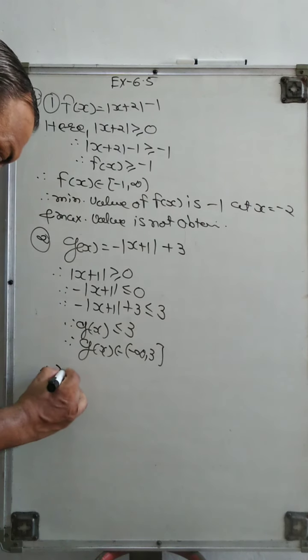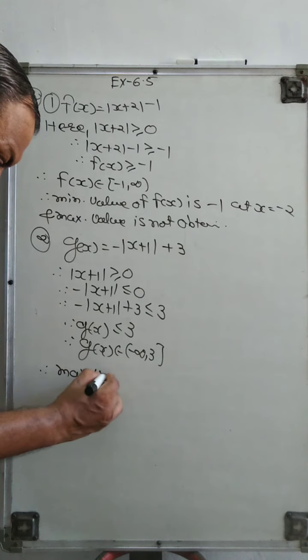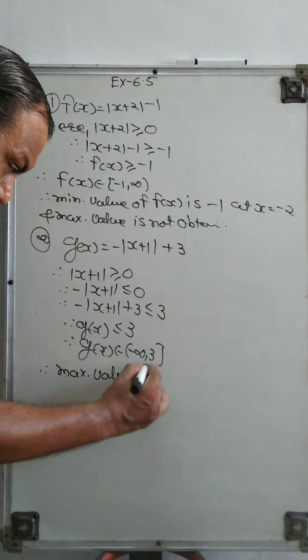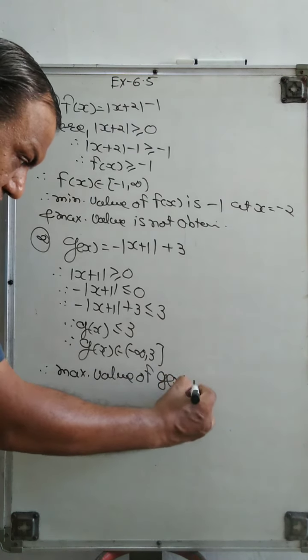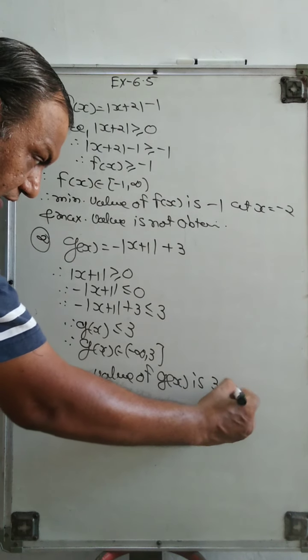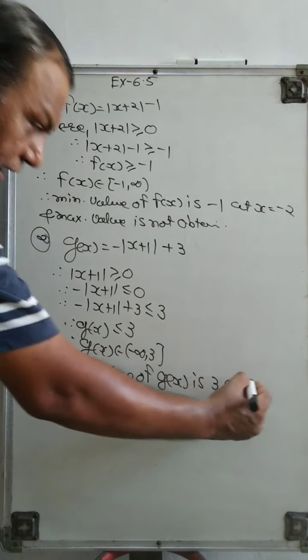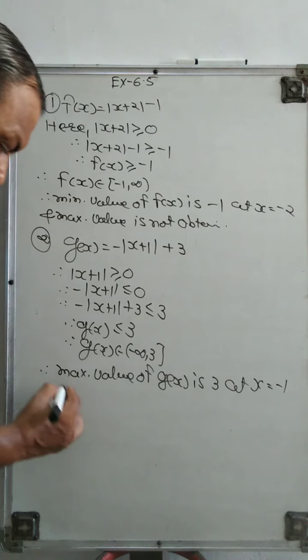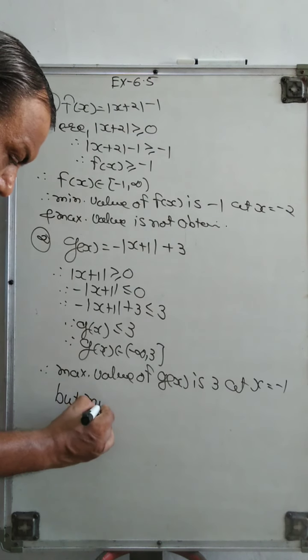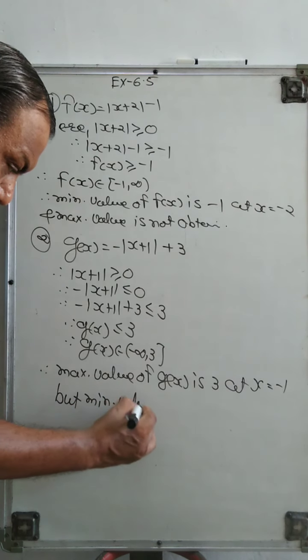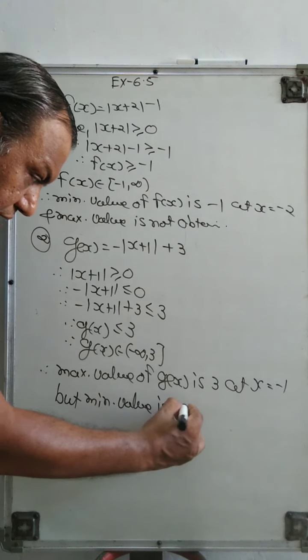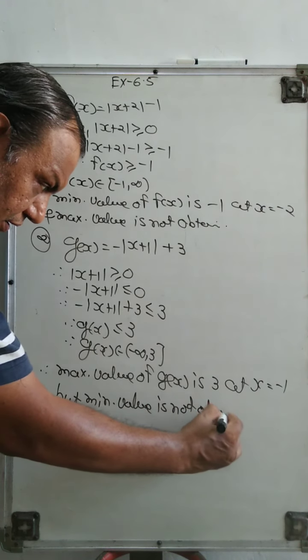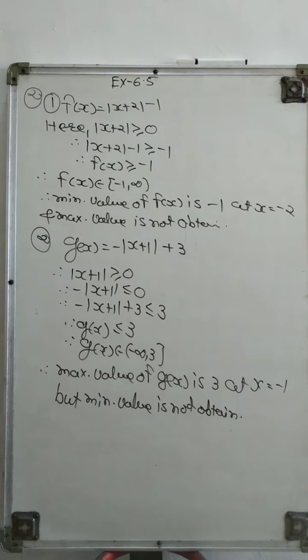Therefore, maximum value of g(x) is 3 at x equal to minus 1, but minimum value is not obtained. Right? So this way we can find the maximum value or minimum value for the given function. Now we go for the next one.